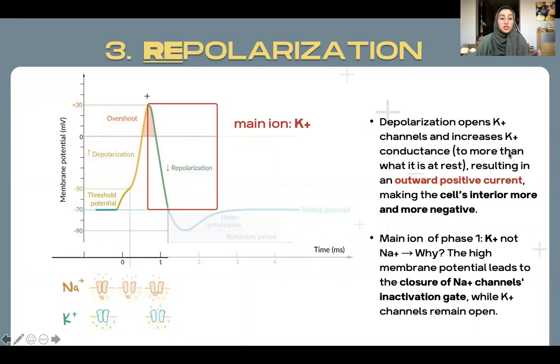One, the fact that positive repels positive. Two, the concentration gradient pushes potassium to move outside very quickly. Okay, so here the conductance of potassium is the highest.